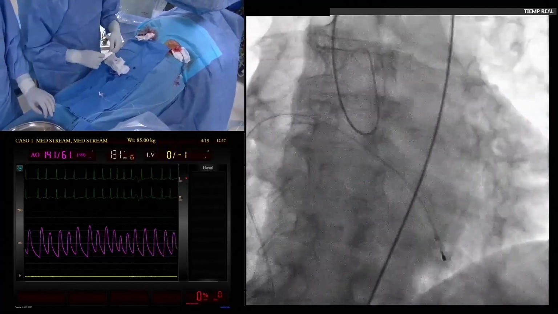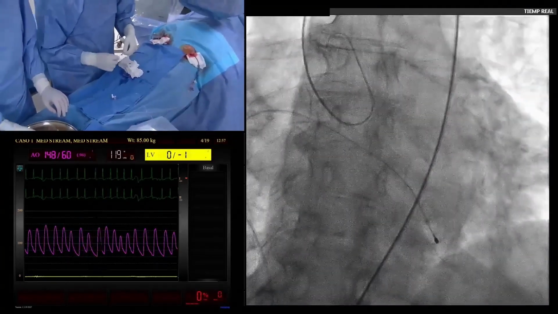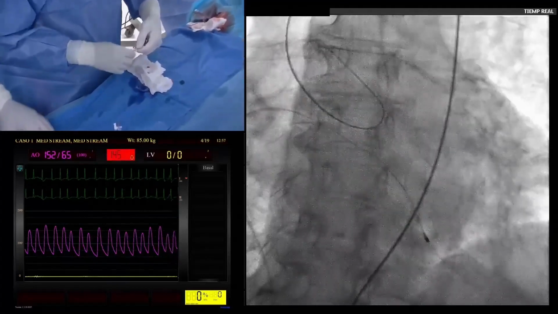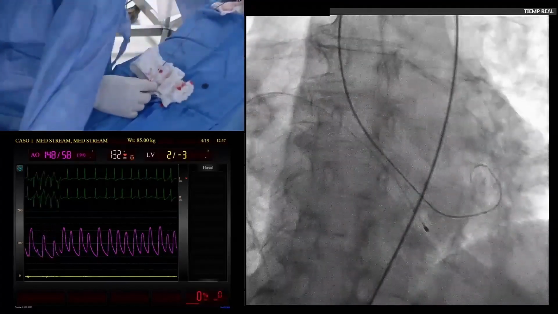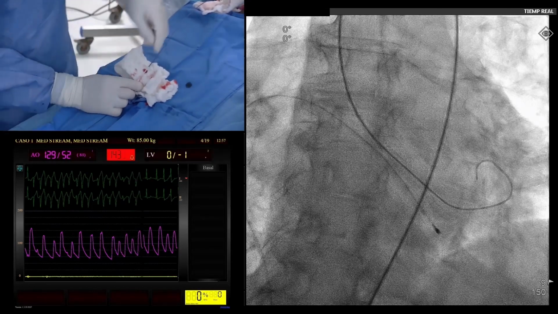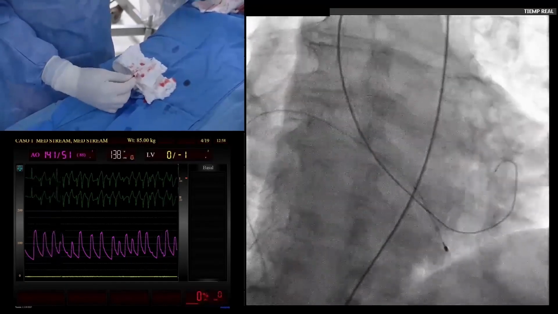Remember that this is not a commissural fusion. It's like the Sherman Cars star symbol with a limitation of the motility of the leaflets. So if you find the space between the leaflets, it's easy to cross like now.